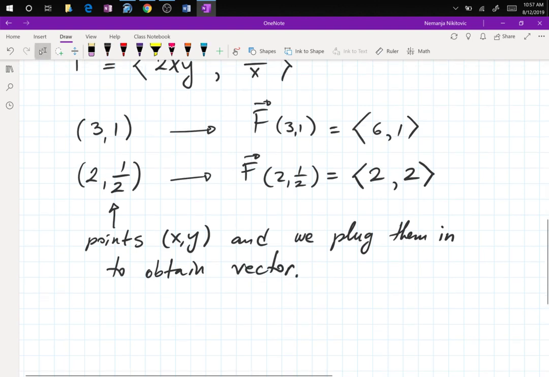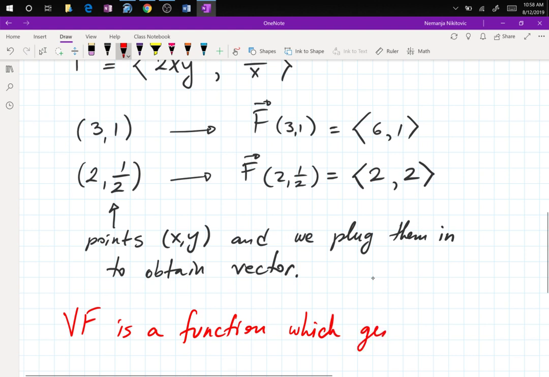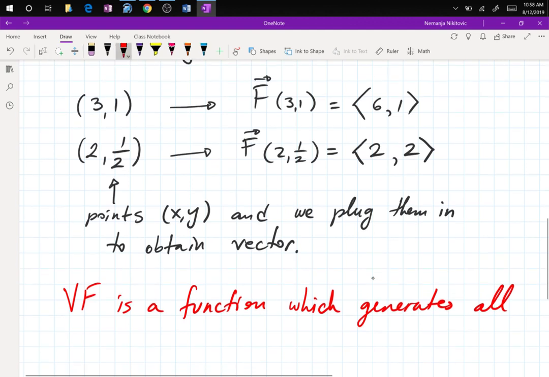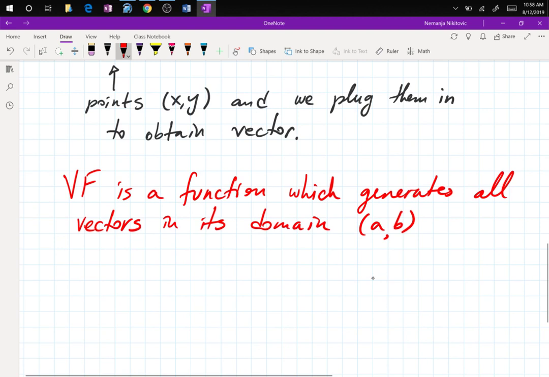So if you're trying to understand this, I will just say that a vector field, VF, is a function which generates all vectors in its domain, and I'll put a, b so we know that's a point a, b that you can plug in.